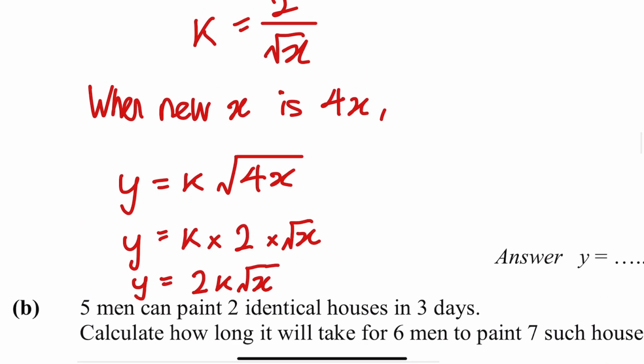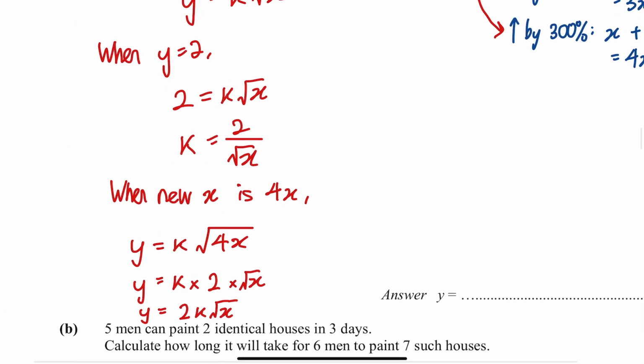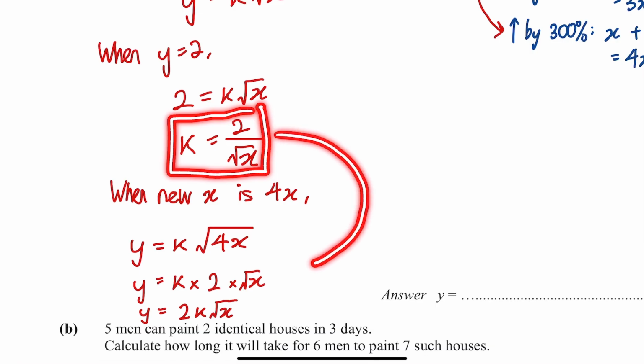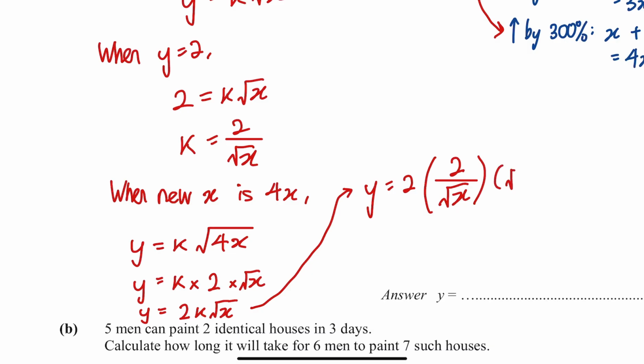So that means that my new y value is here, and I go back to what the question tells me first. In the original equation, k is equal to this. So I can now sub this value of k inside this value of k over here to simplify even further. So this means that y is equal to 2 times 2 over square root x, times square root x.